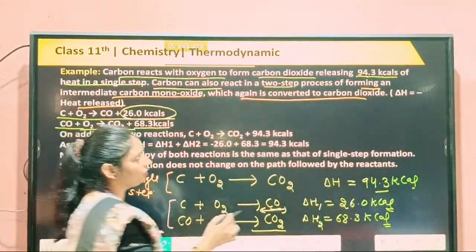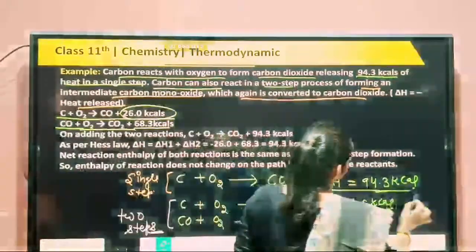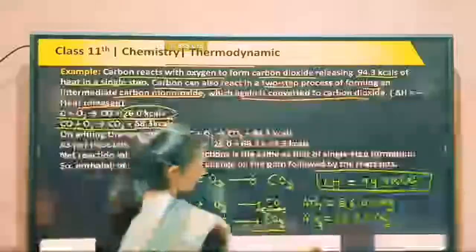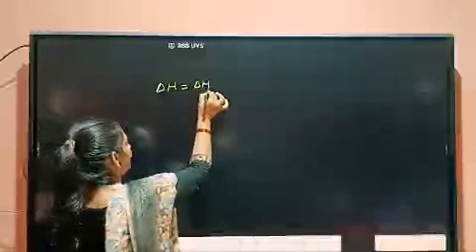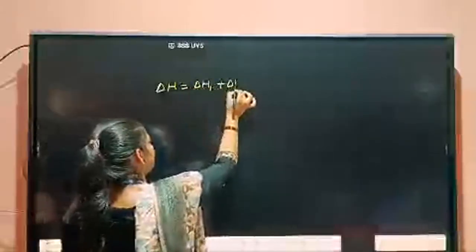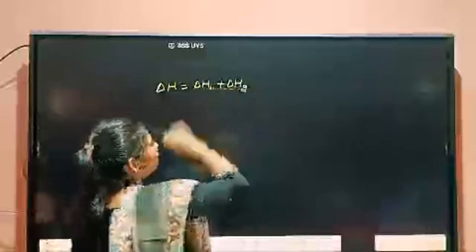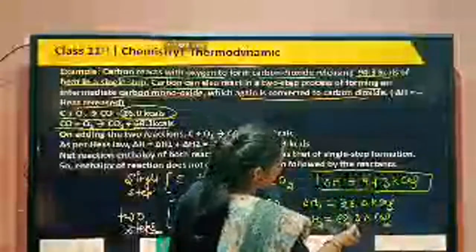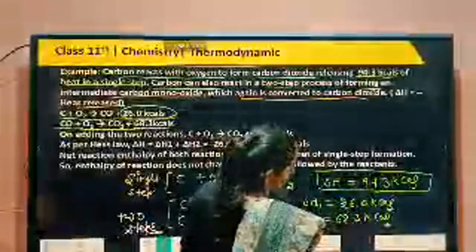So here the total enthalpy change del H will be equal to the enthalpy changes taking place in the different steps, del H1 plus del H2. You can see this one is 94.3, and these are 26 and 68.3.